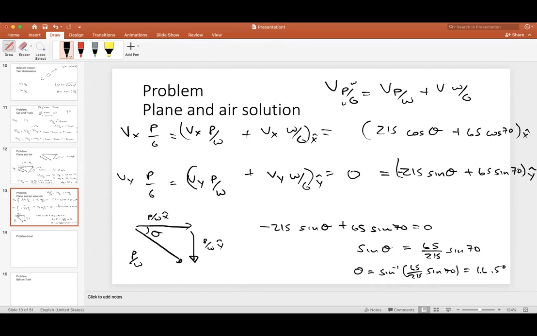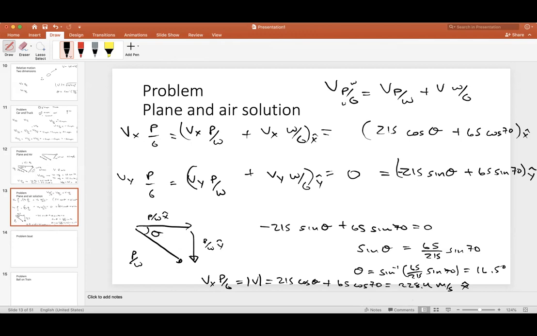Once I have this, I can plug this in to find V_x of the plane over the ground, and that is 215 cos of this angle plus 65 cos 70. If I put those together, I get 228.4-ish meters per second in the x hat or east direction, okay?